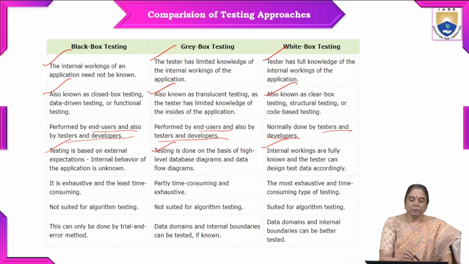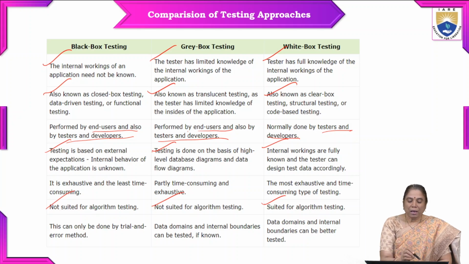And black box testing is not suitable for algorithm testing. Why? Because the internal code and programming structures are not considered. In case of gray box testing, it is also not suitable for algorithm testing. But white box testing is purely suitable for algorithm testing.